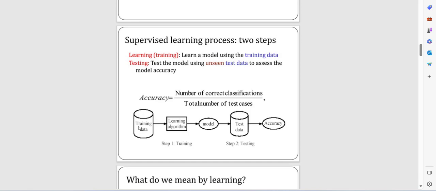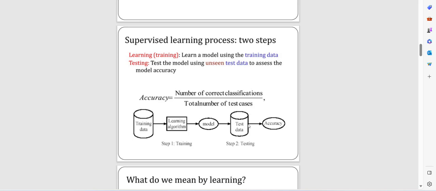First of all, we have the training data. We pass this training data to the machine learning algorithm. The machine learning algorithm or model will extract the features from it and learn them. After that we have the test data, which is unseen data. When the training is done, we have to test our model.